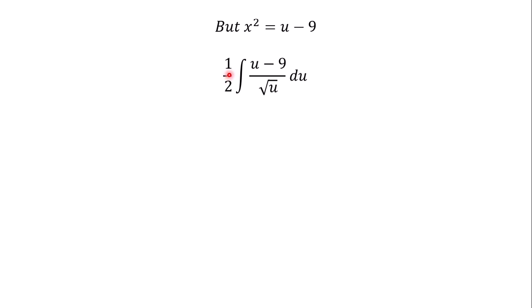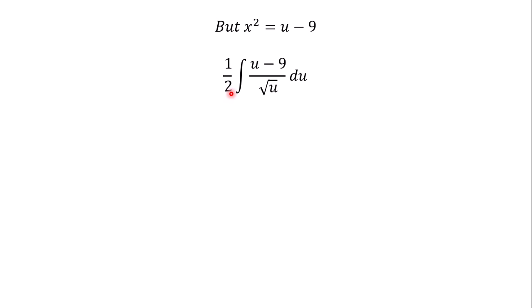Now this half is written here because it's a constant, and we don't bother ourselves integrating a constant. Normally, anytime you see them in calculations, we just bring it to the back of the integral sign so that we can work on the main variables involved.